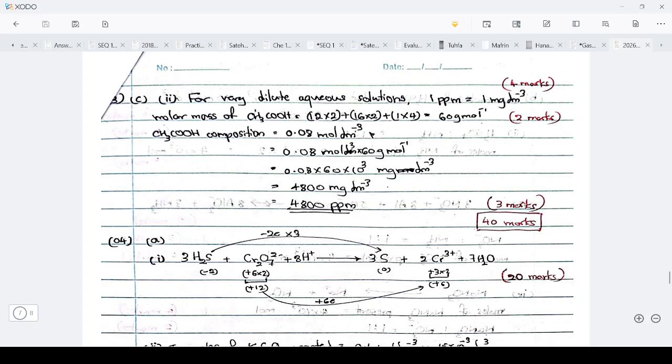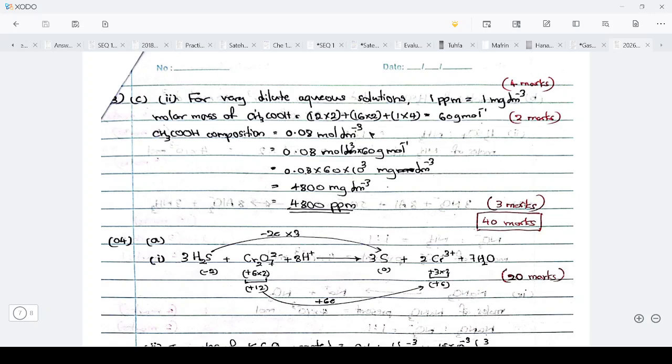Just to remind you of the previous things we did, there is another way of finding the ppm value, by taking the mass fraction into 10 to the power 6. You get the mass fraction of acetic acid from the total sample mass and the acetic acid mass, then you multiply it by 10 to the power 6. To get the total mass of the solution, you have to assume it's a very dilute solution and take the density as 1 gram per cubic centimeter.